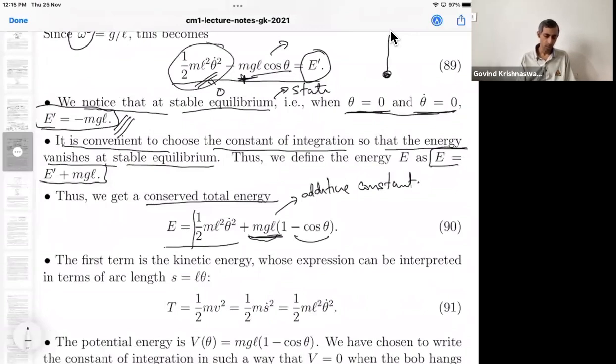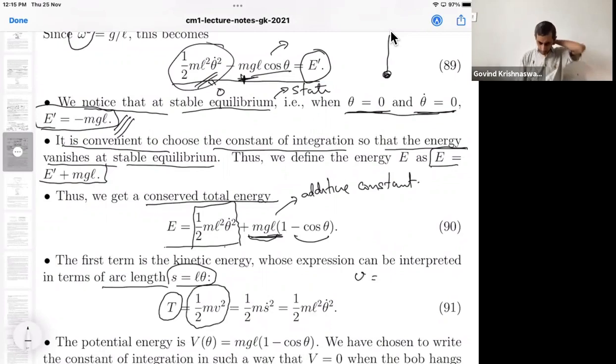The first term is what we call kinetic energy. And we can interpret that expression in a nice way. Indeed, if we recall that arc length was s equal to L theta, then our idea about kinetic energy is simply half mv squared, where v is equal to the rate of change of arc length, L theta dot.